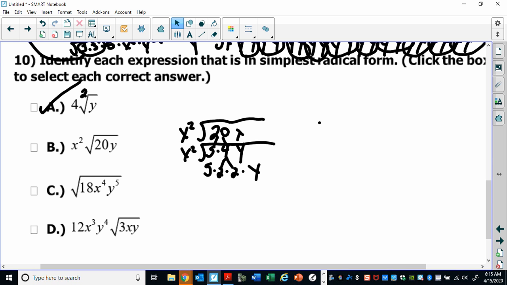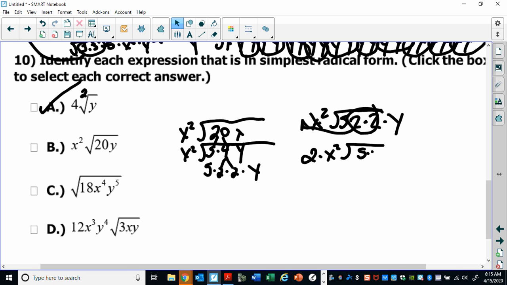And we're going to have x squared times 5 times 2 times 2 times y. And we're looking for groups of 2. I do see that there is a 2 that repeats. Bring that outside. So I have 2 times x squared times the square root of 5 times y, and your final answer would be 2x squared 5y.